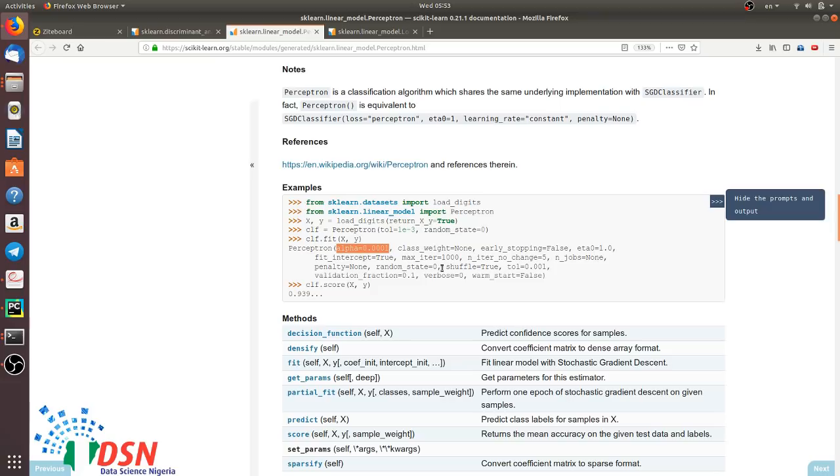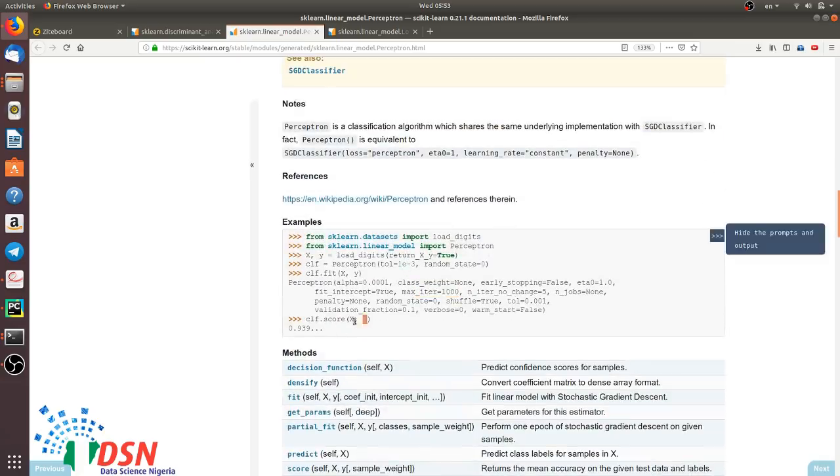And other options that you may want to set, like maximum iterations, which is because it uses iterative methods to update weights: how much do you want to update your weights at maximum? Okay, and after that you could get a score of your classifier with the score method, okay?